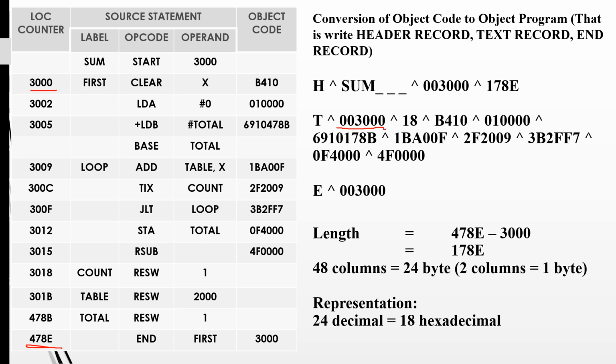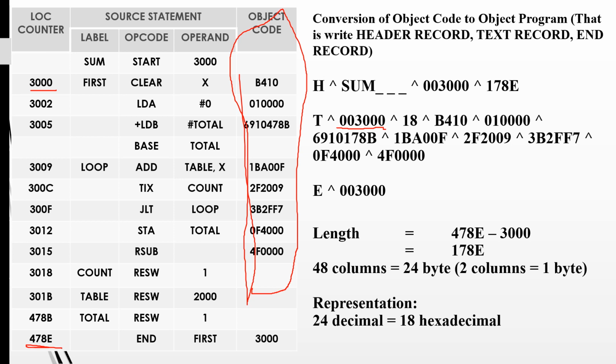Then followed by the length of the program. I will tell you later how to calculate the length of the program. Then it is followed by the object code of the program, that is from column 10 to column 69. Whatever value we have got here, we have to write here.